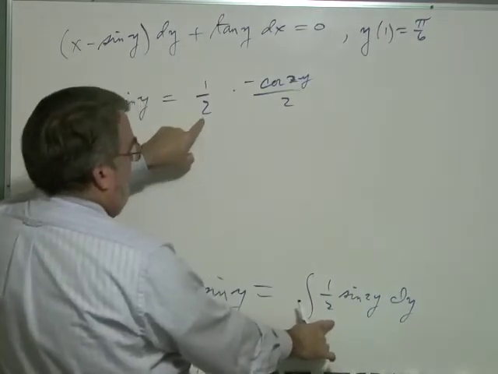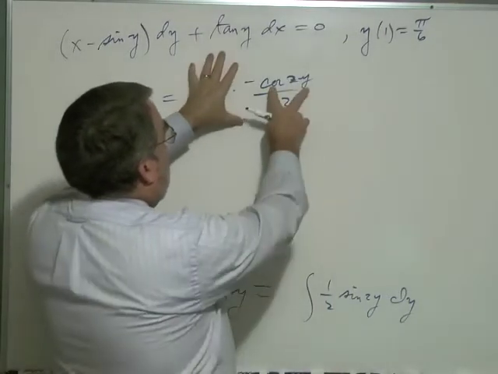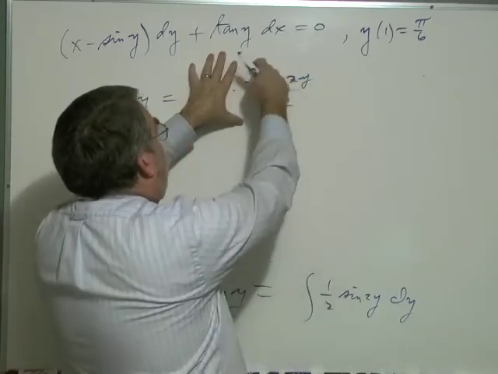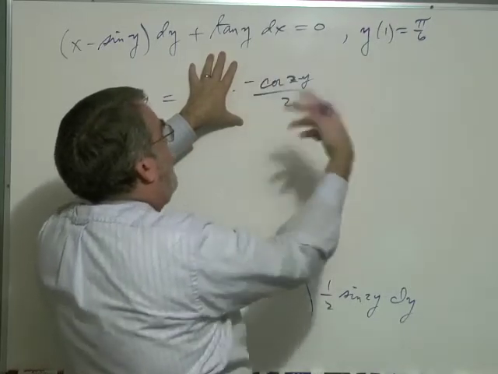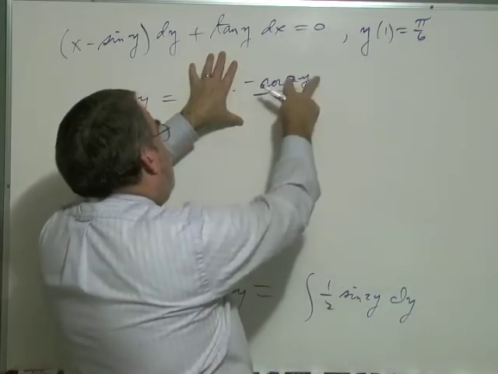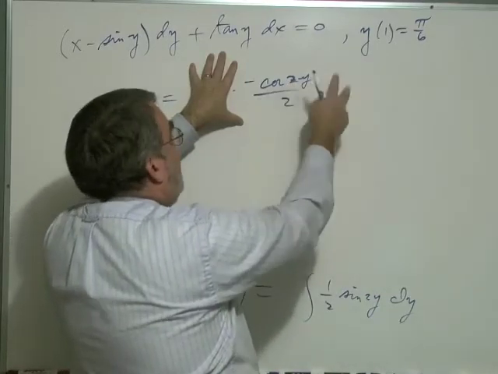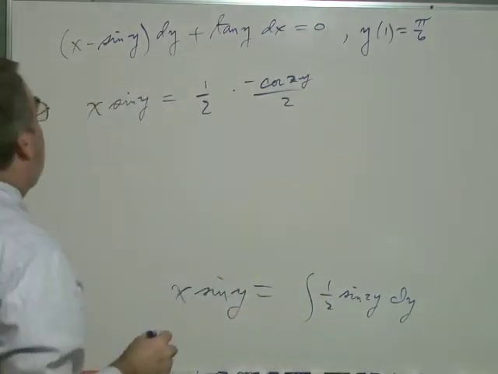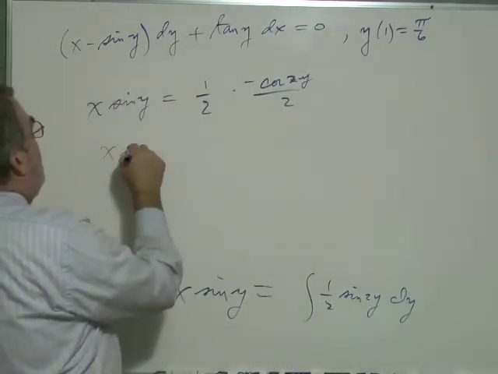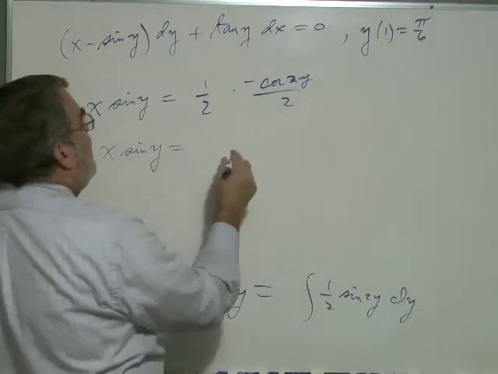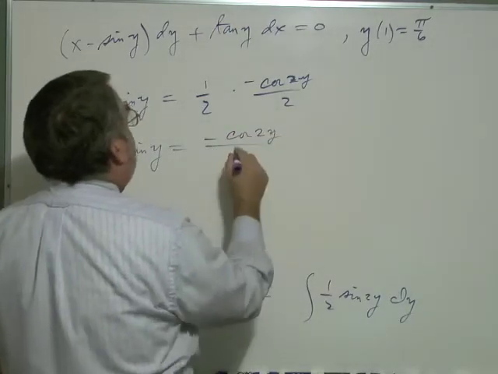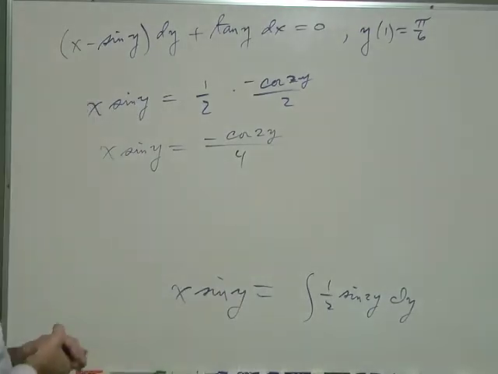I put the 1/2 over this 1/2 right there. If I take this derivative, derivative of cosine is minus sine. So the 2 negatives cancel. I have sine 2y. The chain rule means the derivative of 2 times y is 2. I need that 2 to cancel. So we end up with x sine y equals negative cosine 2y over 4. There we go.